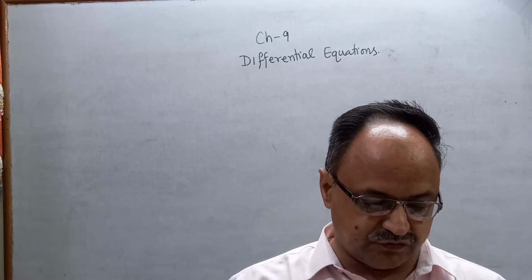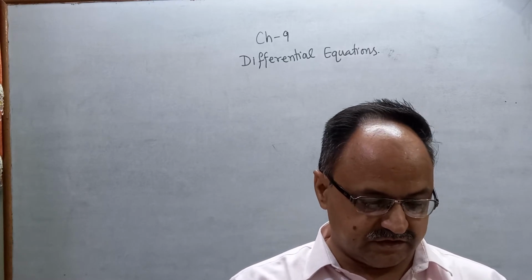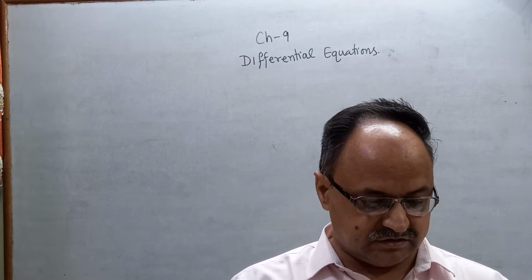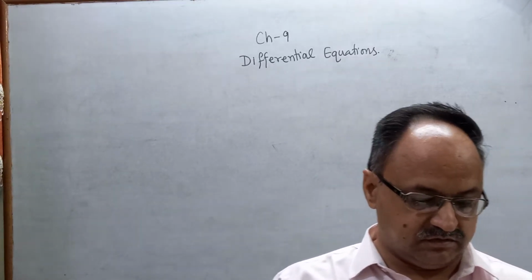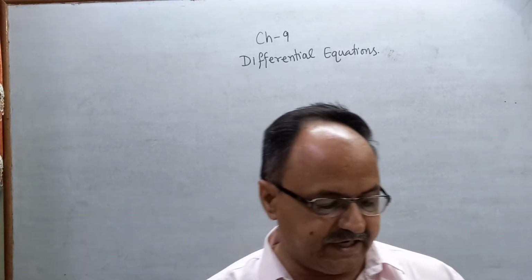What is the definition of differential equation? Differential equation means that the equation involving independent variable and dependent variable.